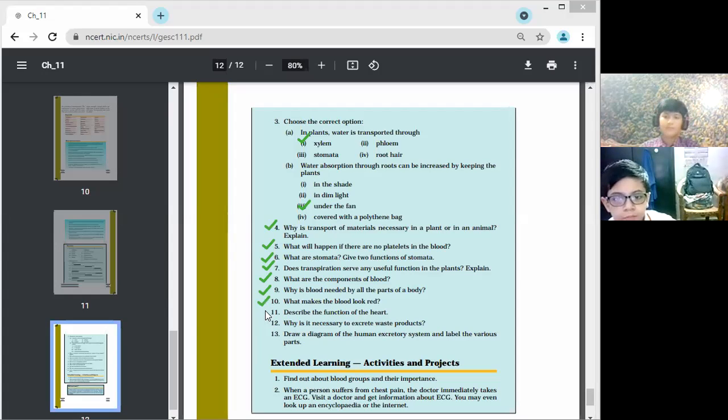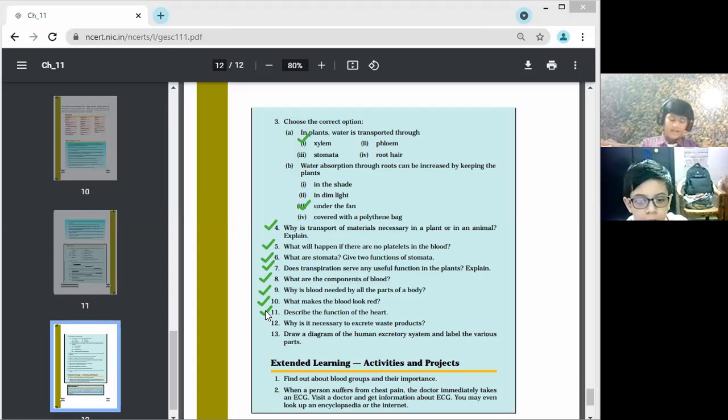Nishchay Jain, question 11. Describe the function of the heart. Okay, ma'am. The heart is a muscle present in the body. It helps to pump blood to all body parts through arteries.